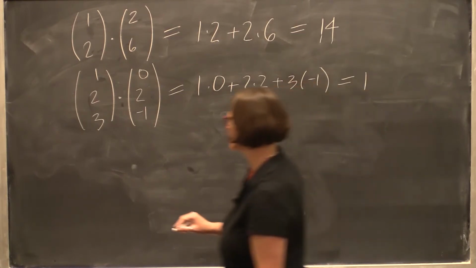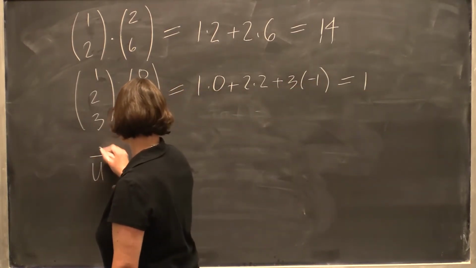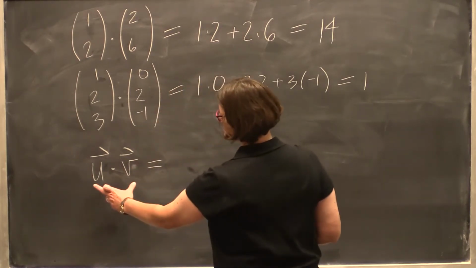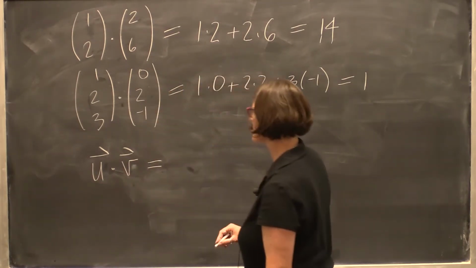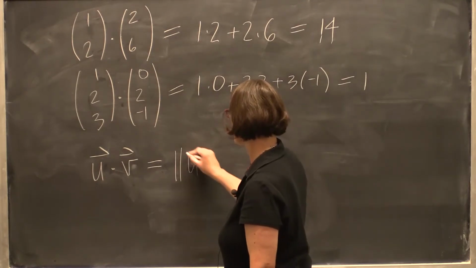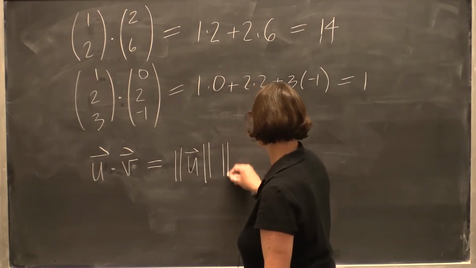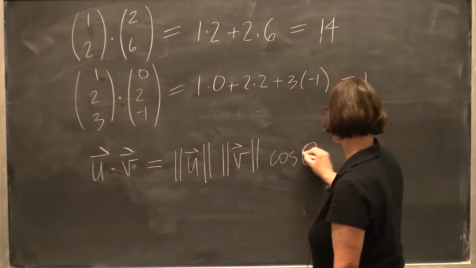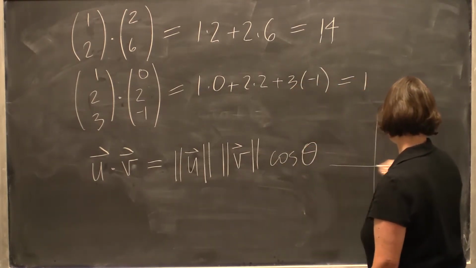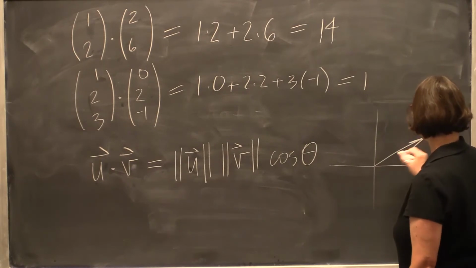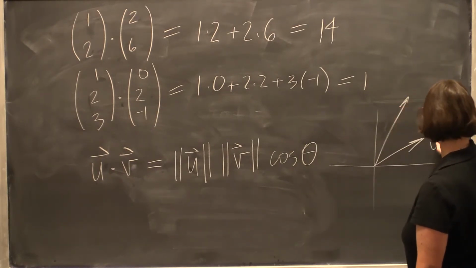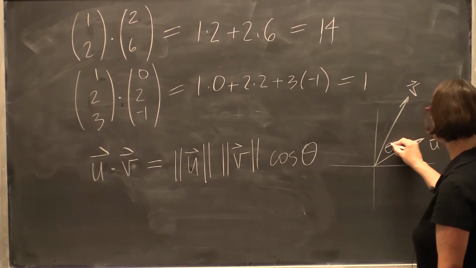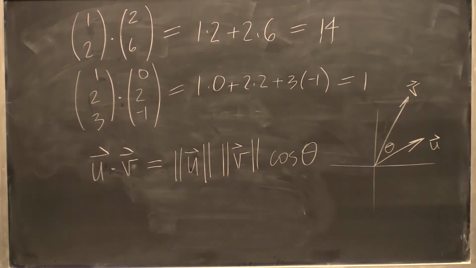And you also know from a previous lifetime that the dot product between two vectors is equal to the length of u times the length of v times cosine theta. So here you have two vectors. Here's u, here's v. Here is the angle between them, theta.